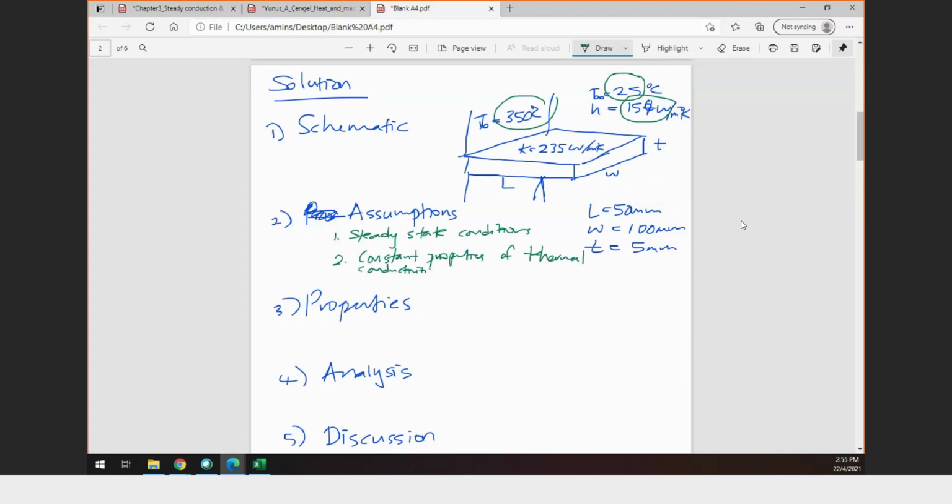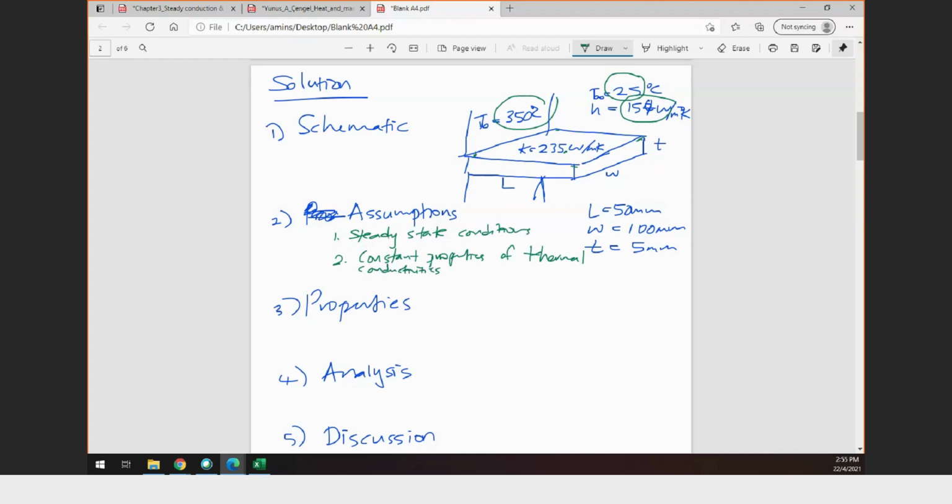Otherwise the k value will change, because you may say that this material is not isotropic, it's not homogeneous. But with this kind of assumption, we can say that the k value is constant regardless of any point, whether the point here, here, or in the center, or in the middle, or on the other side of that particular fin, it is still 235 watt per meter Kelvin.